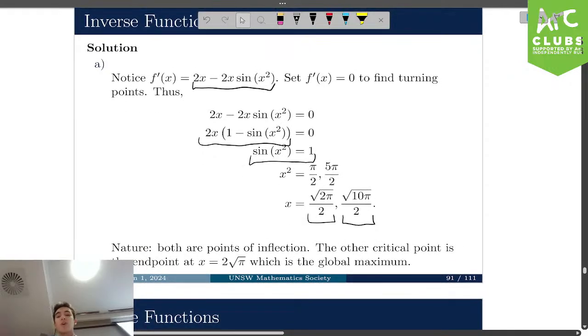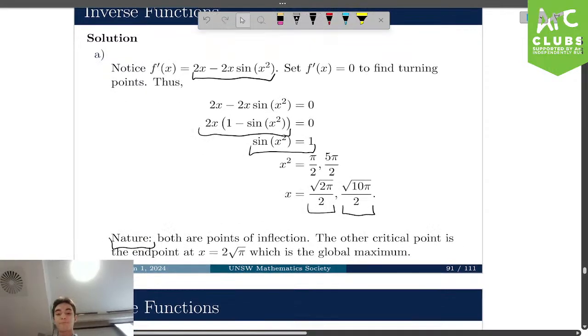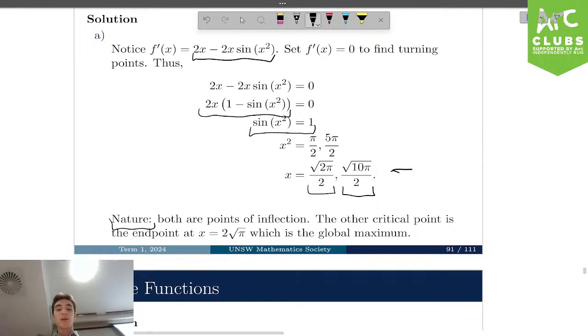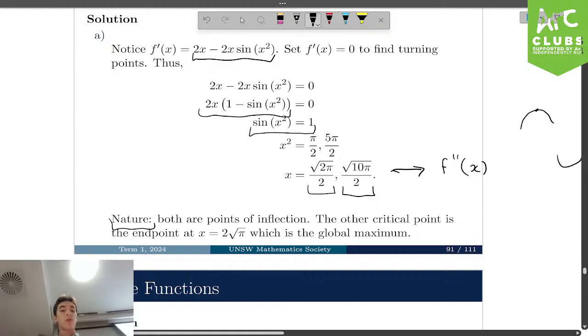And to actually determine their nature, so what sort of turning points they are, you would have to substitute these points into the second derivative of f, right? To find out if it's a local maximum or a local minimum, right? Or an inflection point like this, right?